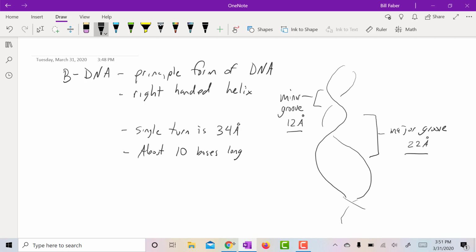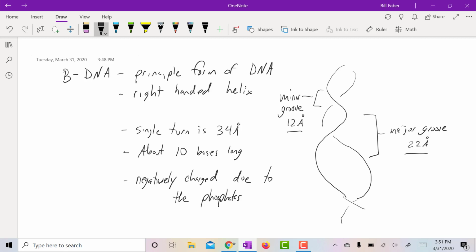I'll show you a good image of it. I do want you to know that DNA in general is negatively charged, due to the phosphates, right? They all have that negative charge on them.